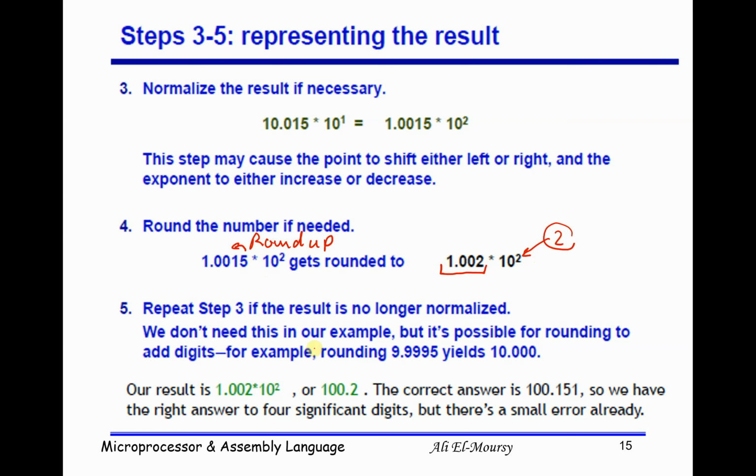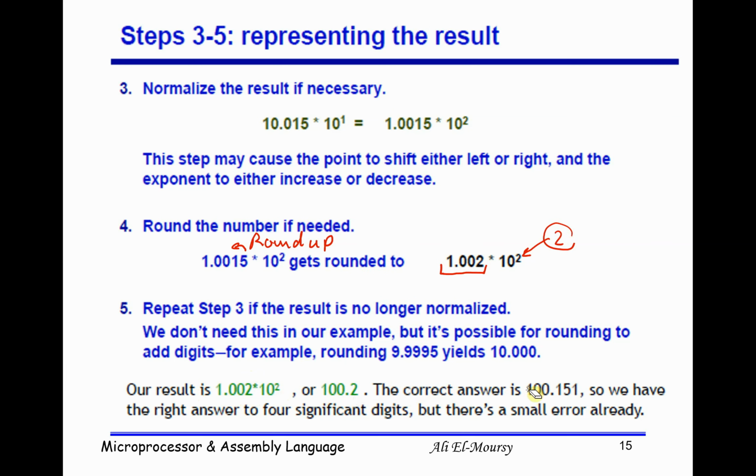If we need to repeat this alignment, we may repeat it multiple times. However, you can notice now that the result I get is 1.002 multiplied by 10 to the power 2, which is basically 100.2.